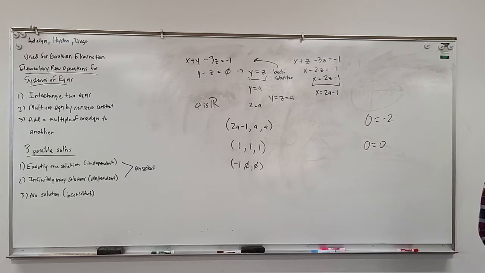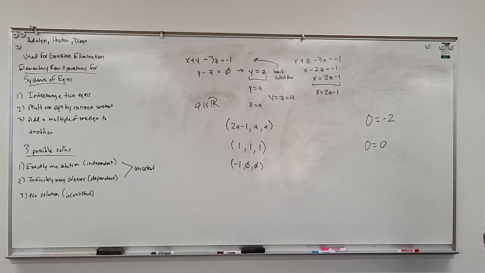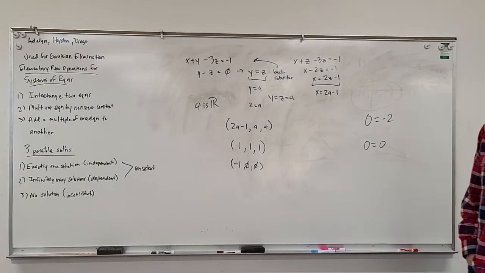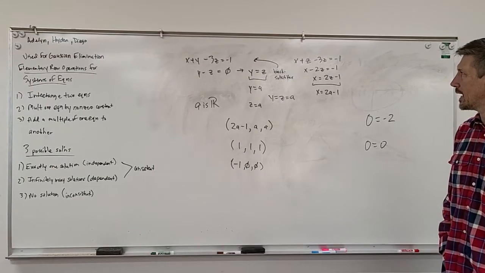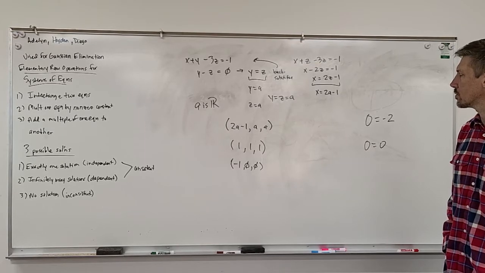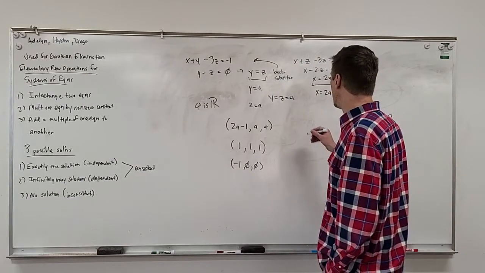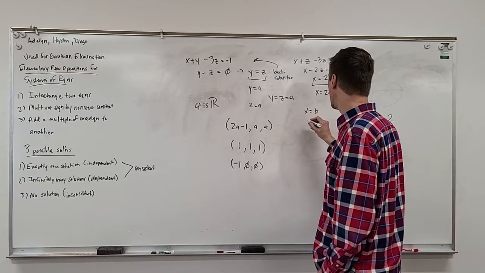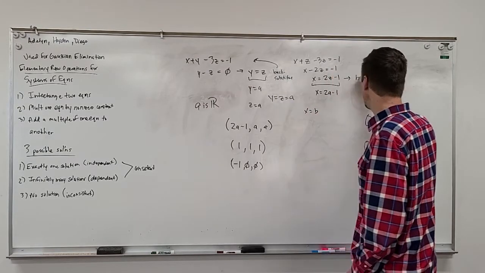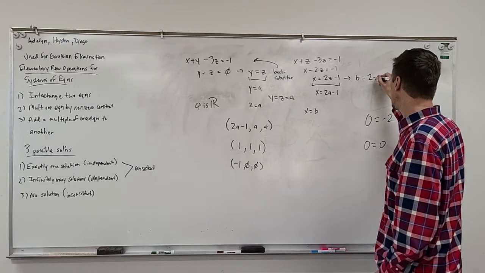What if instead of using a for y or z, we had said that we were going to set x equal to b? Because you may look at it and go, well, how do I know where I'm going to plug in the a, right? If we had said x was equal to b, then that would mean, like right here, b would equal 2z minus 1.